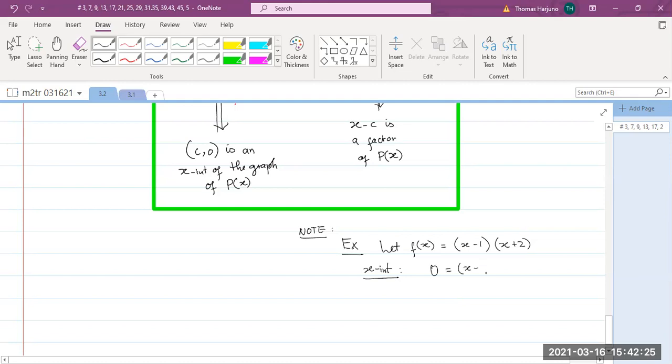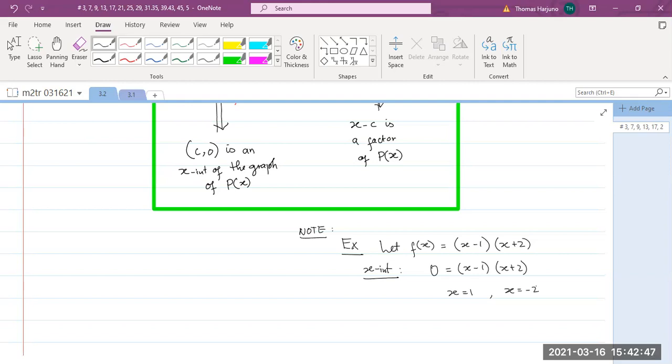I purposely factored this for you. Then we say x equals 1 and x equals -2, right? At the time we solve it that way. And if you stop there, I will penalize you, remember? And I will still penalize you if you do that in your test 1.